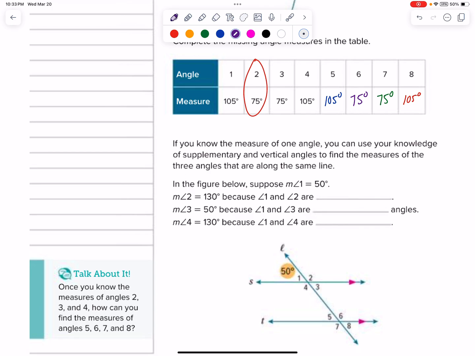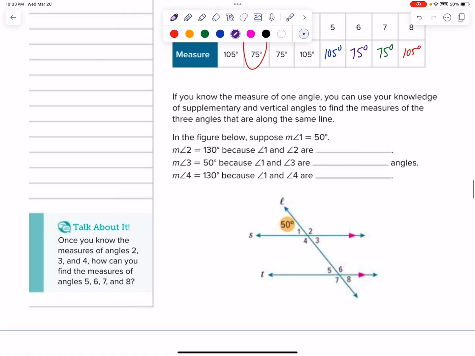All right, so it says down here, in this next one, if you know the measure of one angle, you can use your knowledge of supplementary and vertical angles to find the measure of the 3 angles that are along the same line. So not only can we now use our alternate exterior, alternate interior and corresponding, we also know about vertical angles and supplemental angles as well.